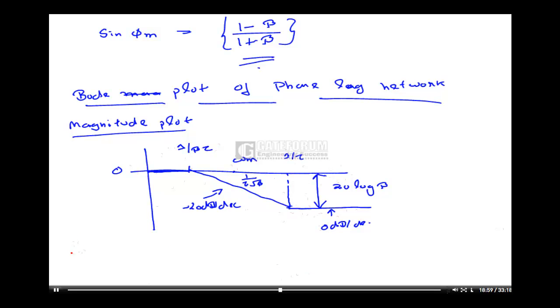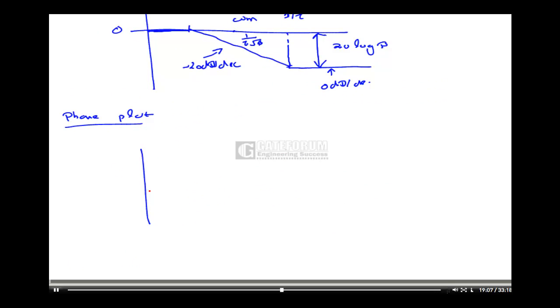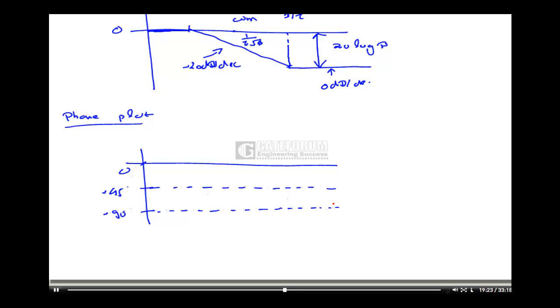Similarly, plotting the phase plot. Phase plot is always negative in this. In lead, it is always positive. In lag, it is always negative. Okay. 1 by beta tau, 1 by tau, 1 by tau root beta.